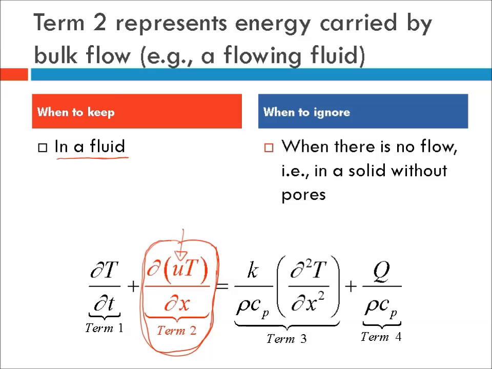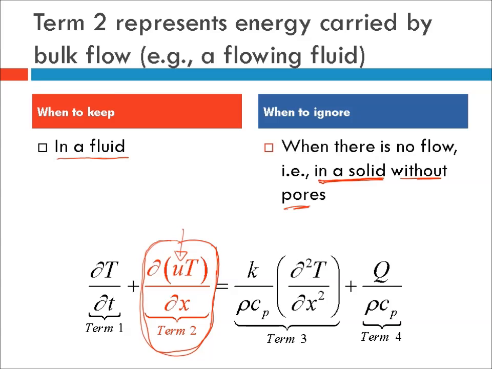When do I get rid of it? Suppose we're talking about a solid with nothing flowing through it, no pores or any other ways of things flowing through a solid. So in a solid, we don't need this term in a non-porous solid.